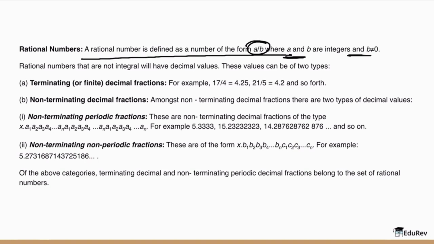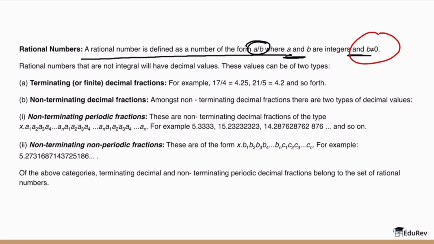B is obviously non-zero, because just in the previous slide we studied that division by 0 is not defined. So if B here is 0, then the whole concept doesn't make any sense. Therefore B is a non-zero number.